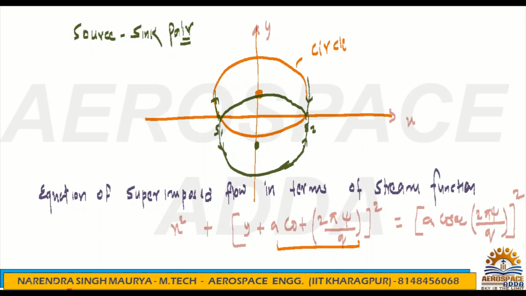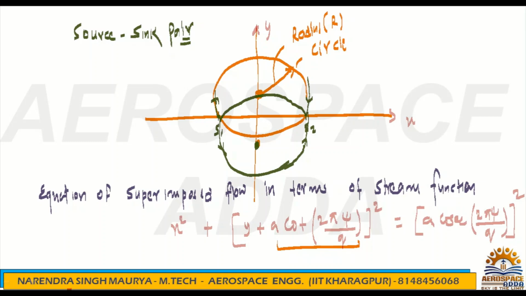So easily you can say, if you find the radius of the circle, any circle you can choose, I am just taking this one, what is the radius? Radius will be R, and obviously here also you will have a center and here also you will have a center for the circle. So the upper side center will be a positive value and the downside center will be a negative value.